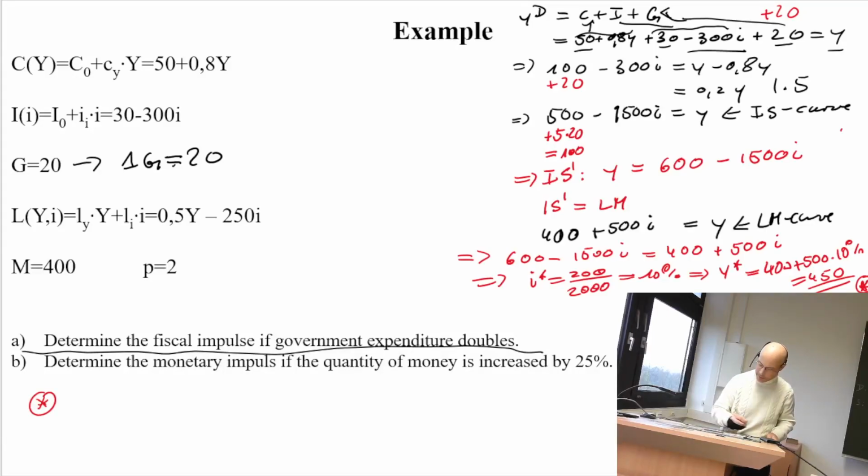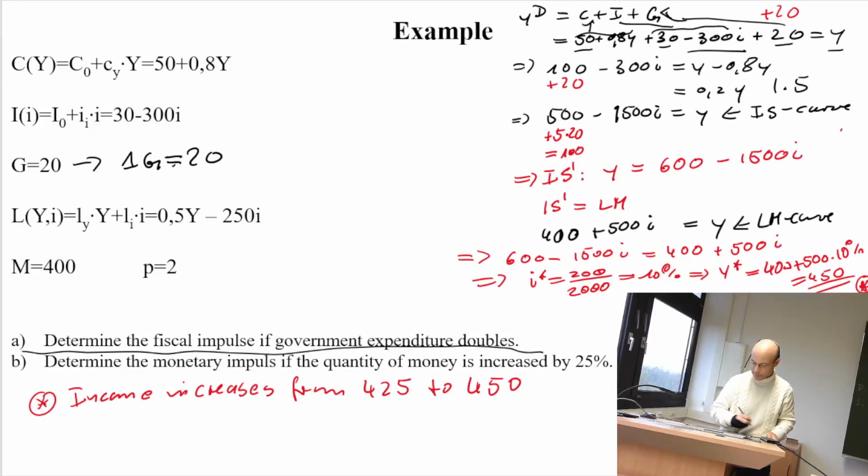And to be complete, income increases from 425 to 450.